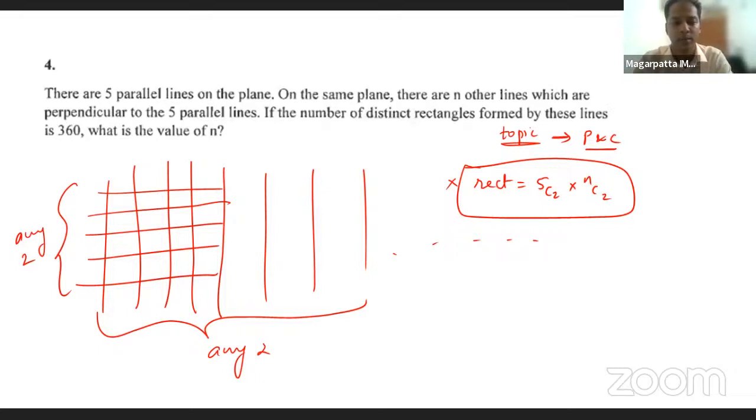Just let me change that. Guys, just give me 1 second. I'll just turn off the video.